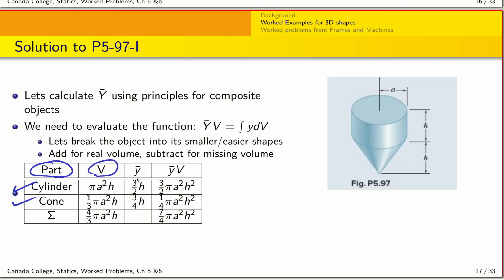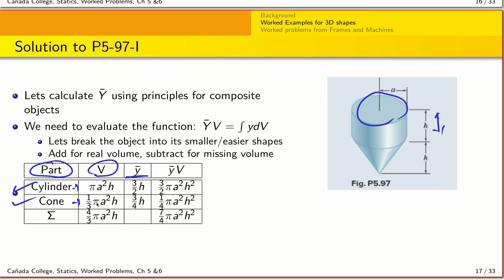You write down its volume, and then you write down its y bar, the centroid of the individual shape, based on either looking at the table where you have the individual shapes or by calculating the integral, right? So if you look at the cylinder, our volume is pi a square h, right? So pi a square is the area and h is the height, so that gives you the volume.